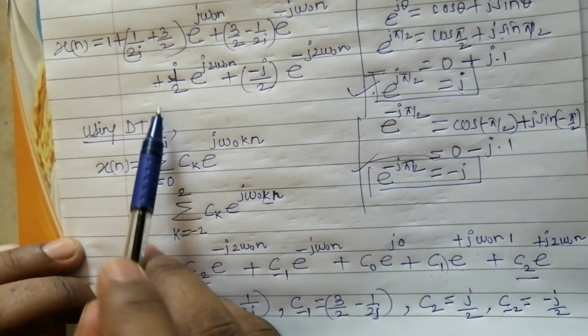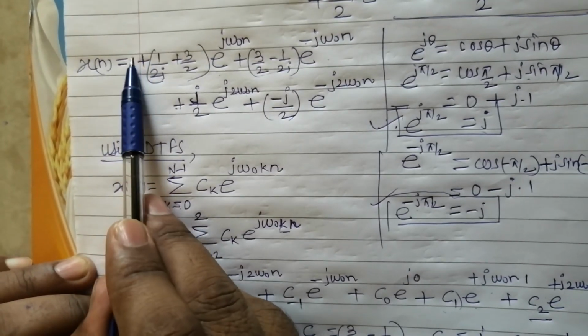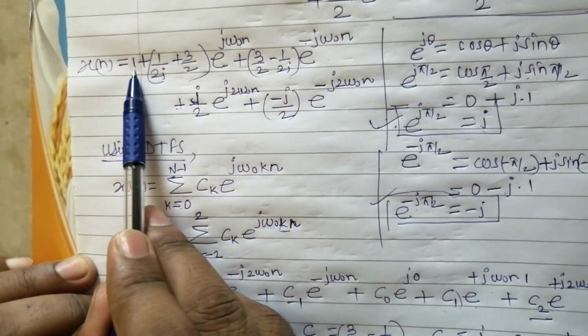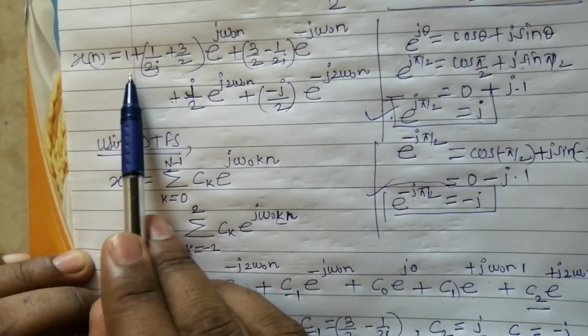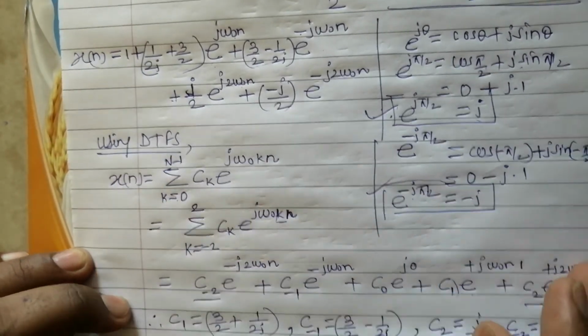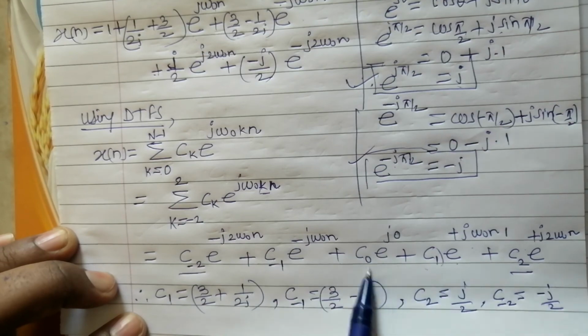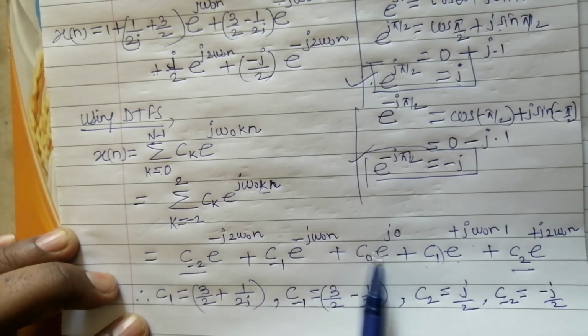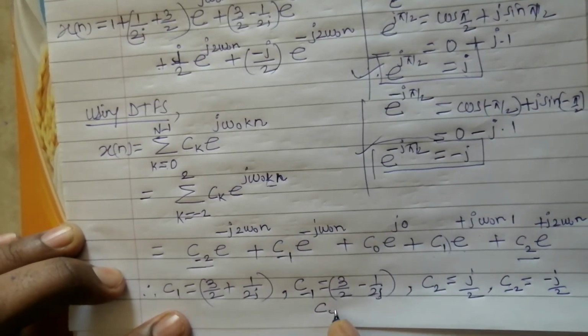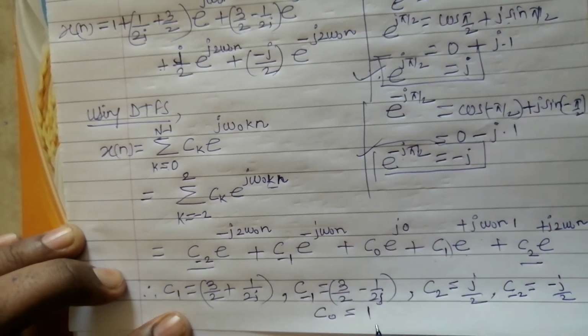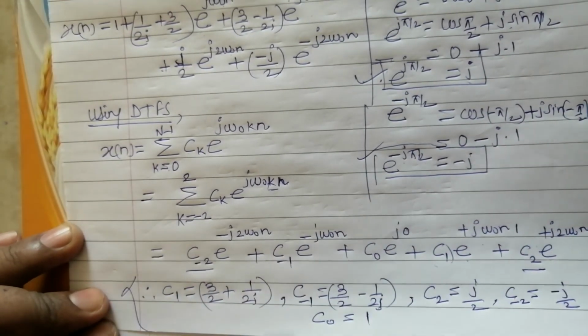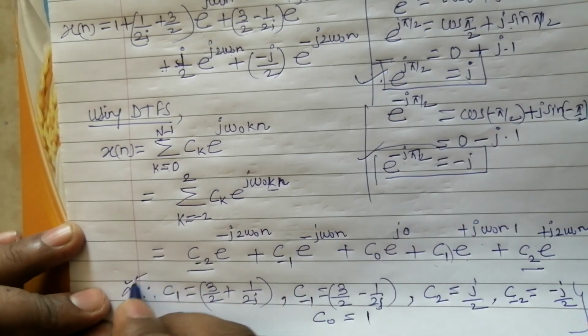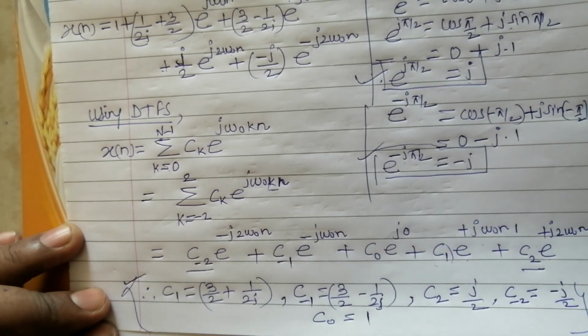We are left with one part, that is the first constant 1. We haven't compared this part, so look for the constant in this relation. This is your constant part because e raised to power j0 is going to be 1. So c naught is finally 1. By this way we can obtain the Fourier coefficients of a discrete time Fourier series.